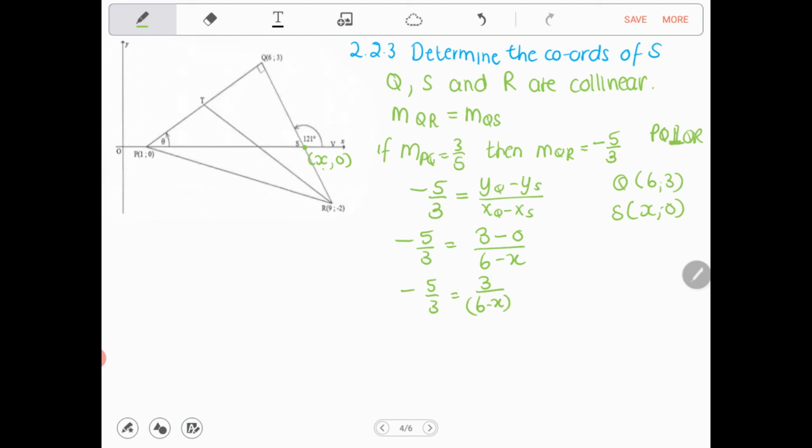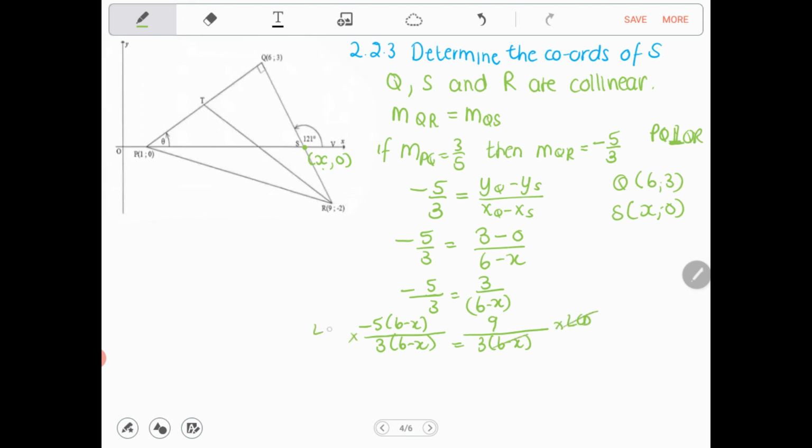All right, so now we can either find a common denominator for both sides, or we can cross multiply. I'm just going to do it like this quickly. There's my common denominator. So this one's going to have to get multiplied by 6 minus x, and this one's going to have to get multiplied by 3.